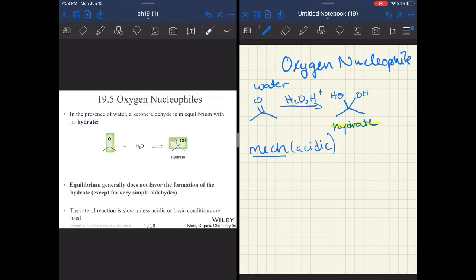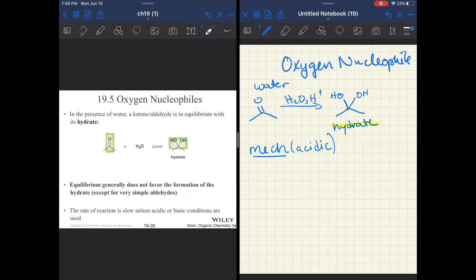The mechanism has a lot of equilibrium arrows, and we're going to see later on that a lot of these early reactions in this chapter are reversible. So when I do a mechanism, I'm just going to draw the forward arrow, but you will see they're all equilibrium arrows.